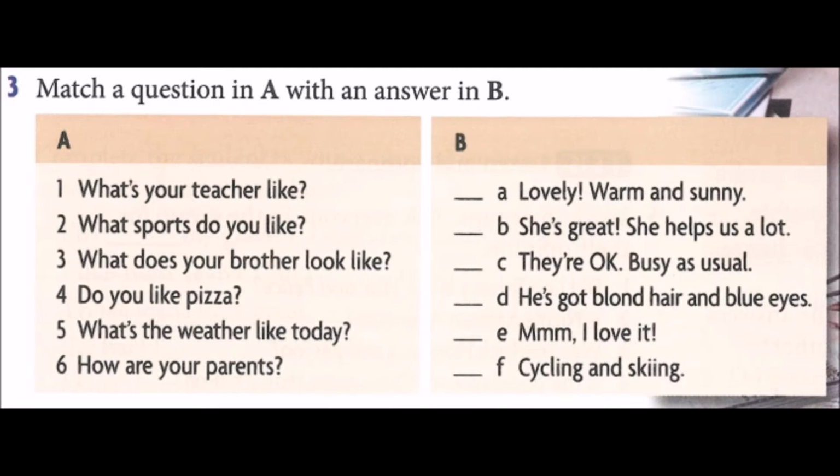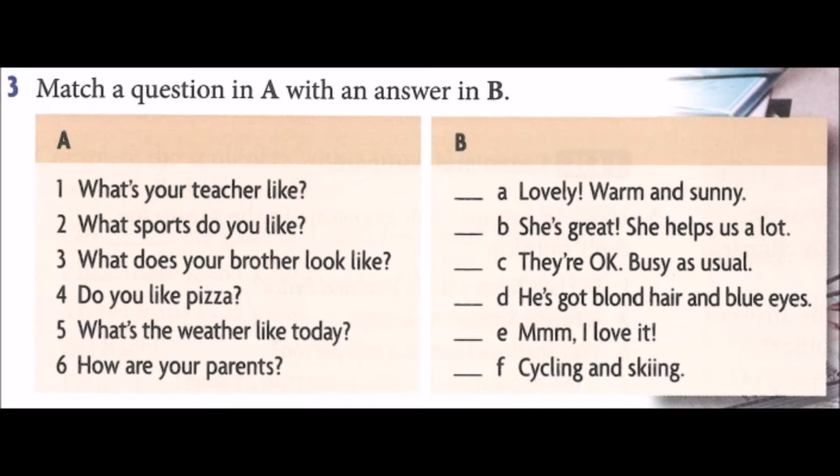Tape script 6.2. 1, What's your teacher like? She's great. She helps us a lot. 2, What sports do you like? Cycling and skiing. 3, What does your brother look like?